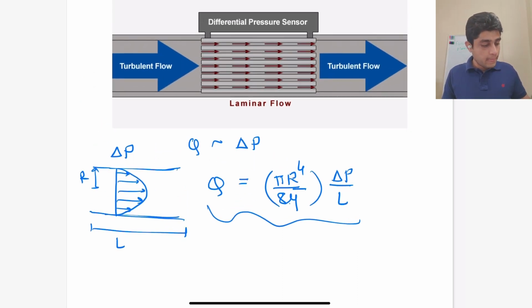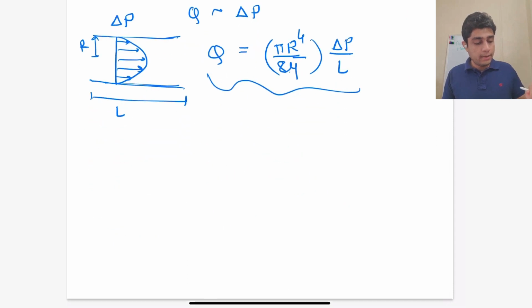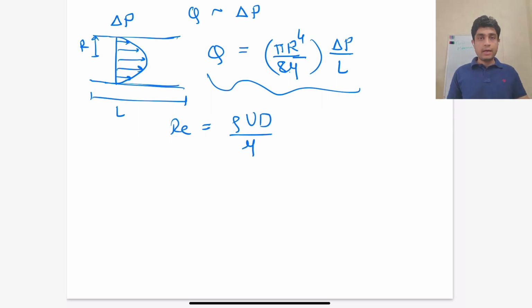The way we use this is, since we usually have a turbulent flow, we install an array of small tubes which have small diameter. As you might know, the transition from laminar to turbulent flow depends on the Reynolds number, which is rho times velocity times length scale divided by the dynamic viscosity.